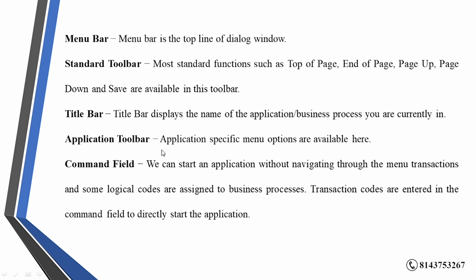The application toolbar has application-based menus. And the command field is where we enter the transaction codes. I already informed you that the objects we deal with in SAP are called transaction codes, and those transaction codes are entered at the command field. Clear?